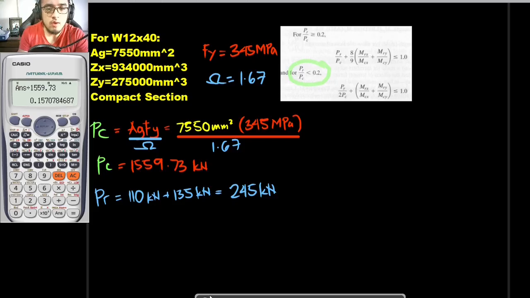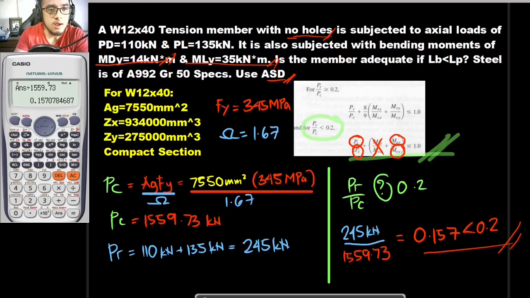So once again, we would be using this formula right here. And as for our MRY, so wait, MRY is equal to... okay, I did not copy our moments to the other slide. Our moments right here, if you can look at the calculator on your left, is 14 plus 35.